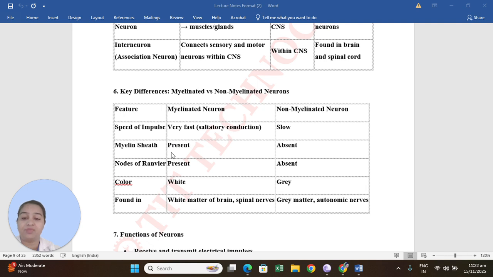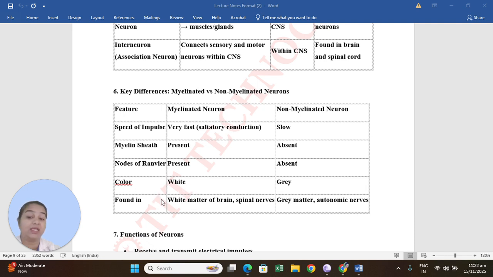The myelin sheath is present in myelinated neurons, and of course it will be absent in non-myelinated neurons. Nodes of Ranvier will be present in the myelinated neuron, because the myelin sheath makes the nodes of Ranvier. In non-myelinated neurons, the nodes of Ranvier are absent.